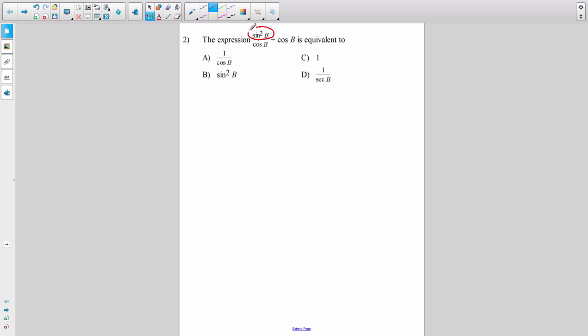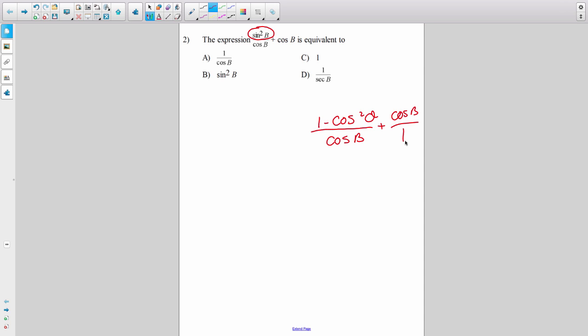So this guy right here, I know that's equivalent to my Pythagorean identity of 1 minus cosine squared theta. However, in the context of this problem, it's not going to help. But I want to show you my thought process anyway. Okay, that doesn't get me any closer to reducing this identity to the basics, to just sine and cosine.